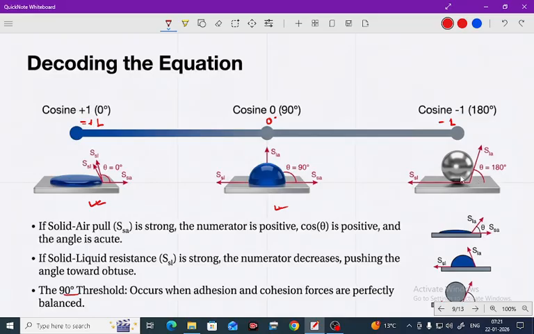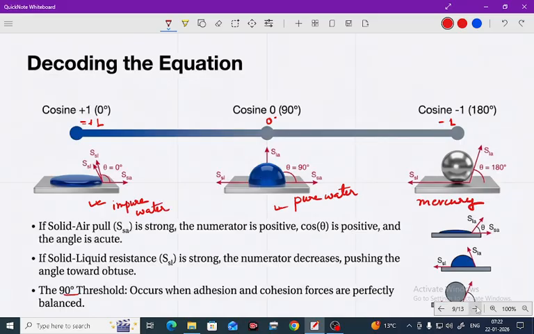This is the case of mercury, this is of pure water, and this is of impure water. So this is the type of question on decoding the equation.